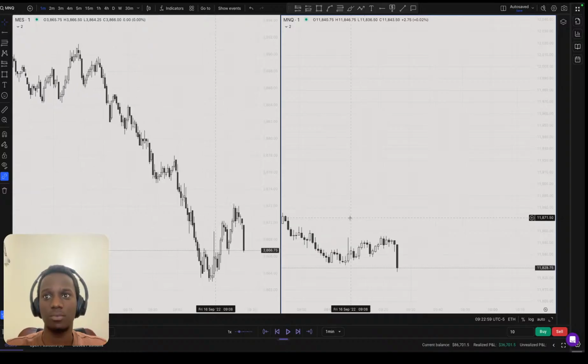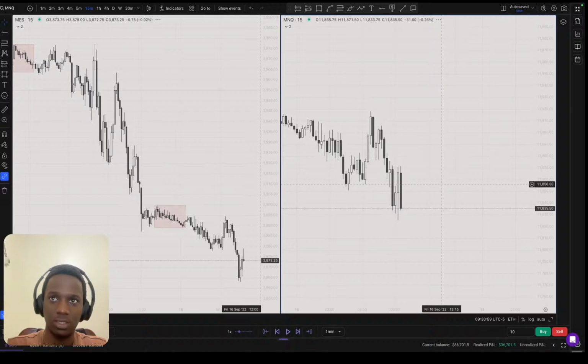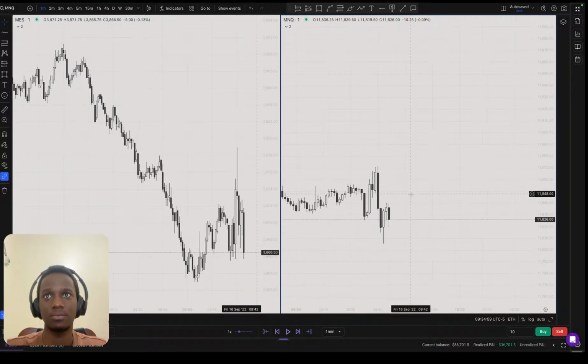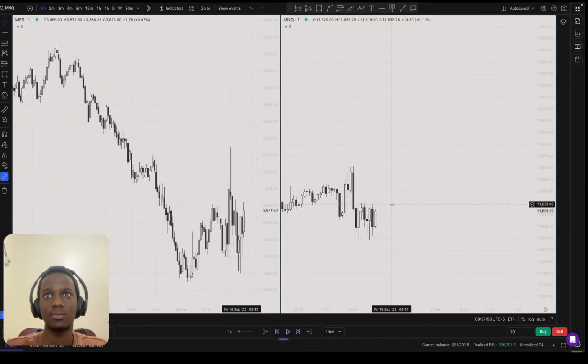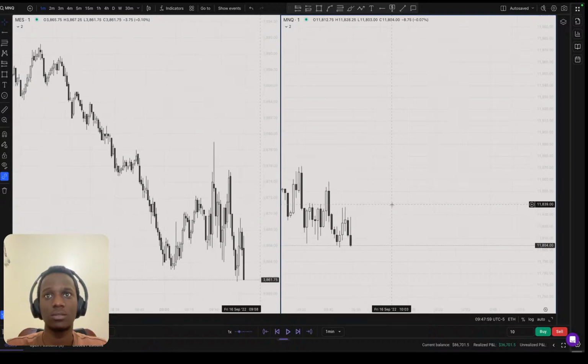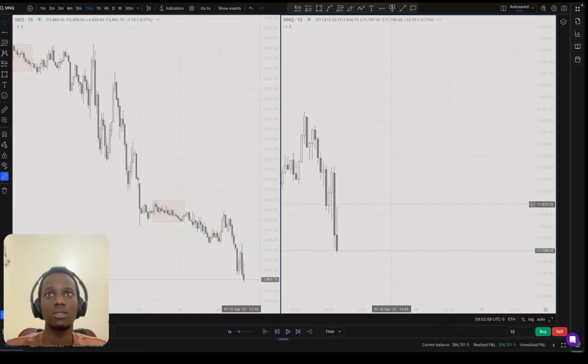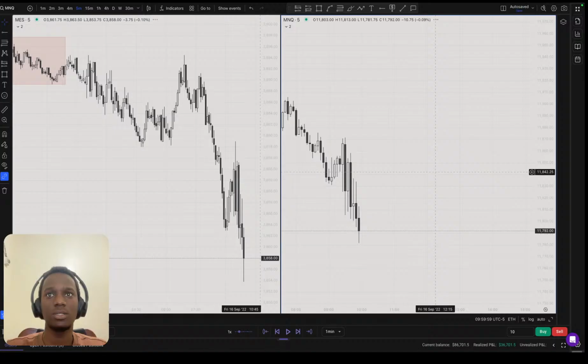I still think that the bias is bearish, just that I can't find any way to short it from yet. So I think it's time for us to look at this barcode.